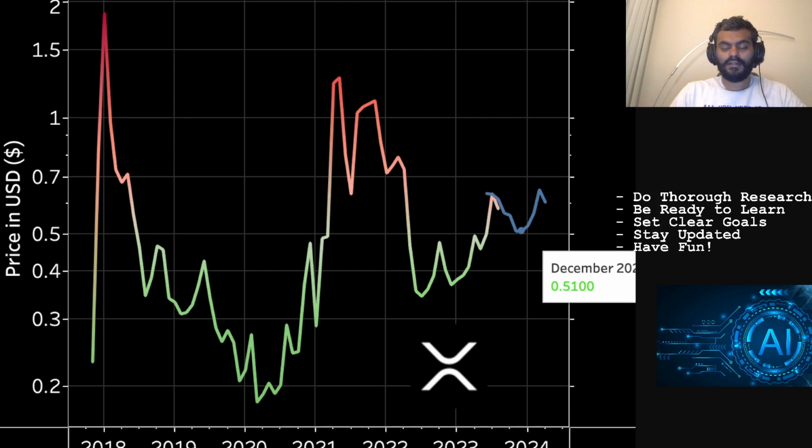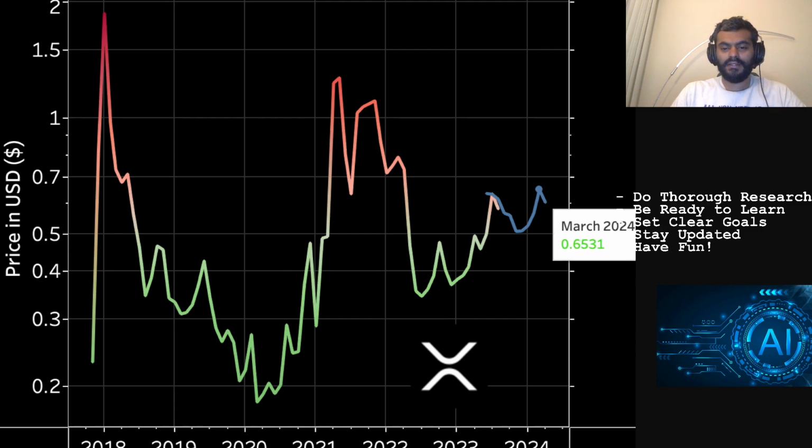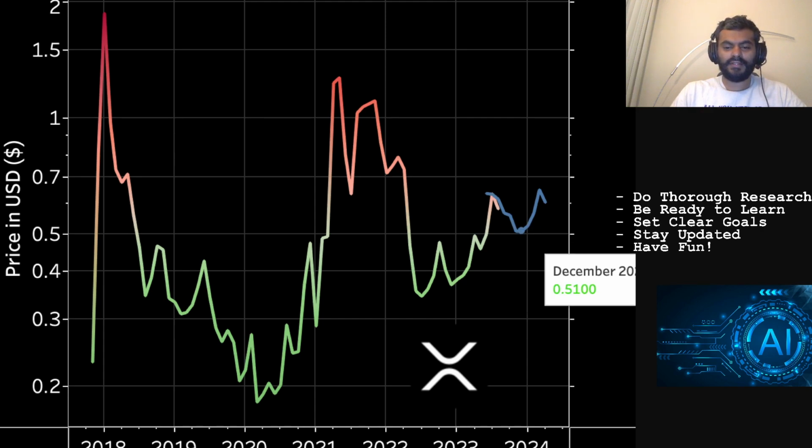In December the valuation forecasted by the AI model is a monthly average of 51 cents, January 52.5, February 56.7, March 65 cents, and April 60.5 cents. So that's an elevated V shape, bottoming out around November at around 51 cents, as opposed to 45 cents in the base case.